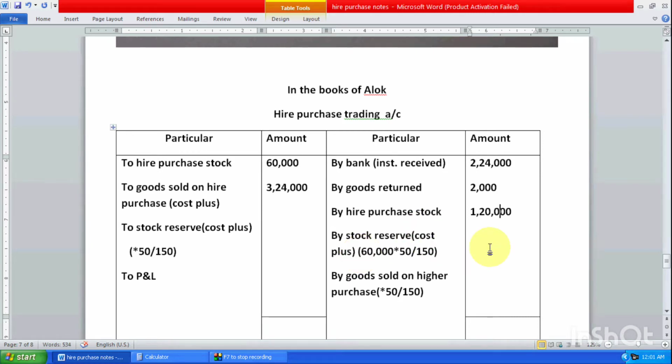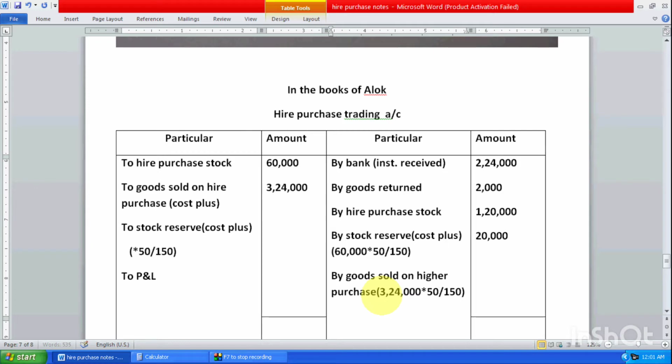We are getting 20,000 extra, meaning the overall 60,000 is the 150 amount.